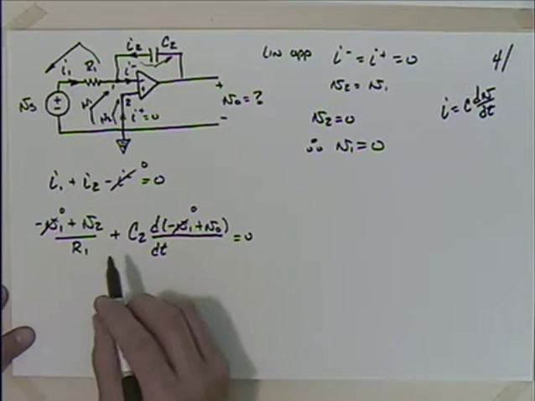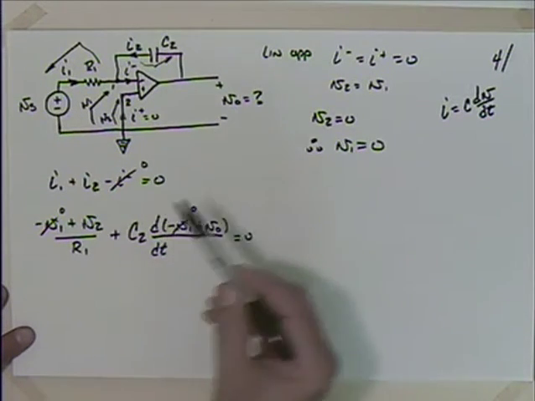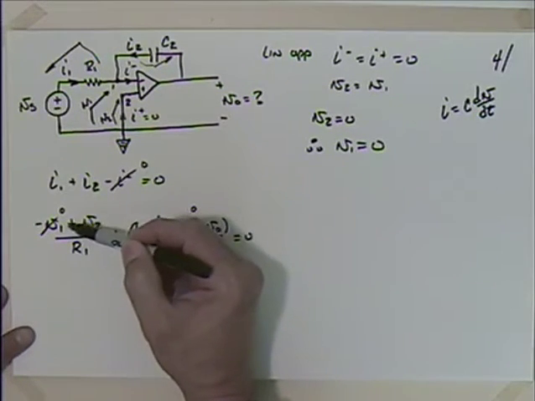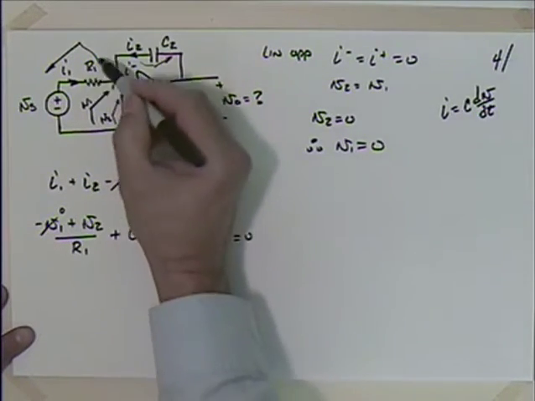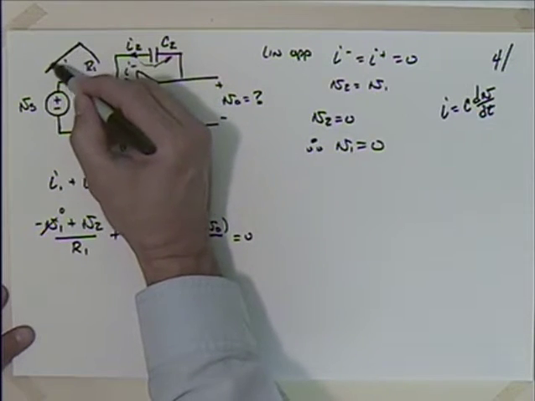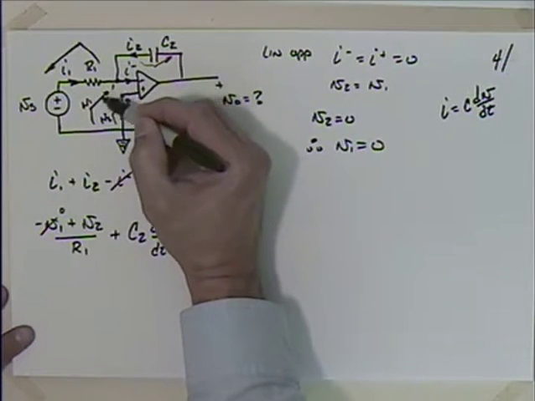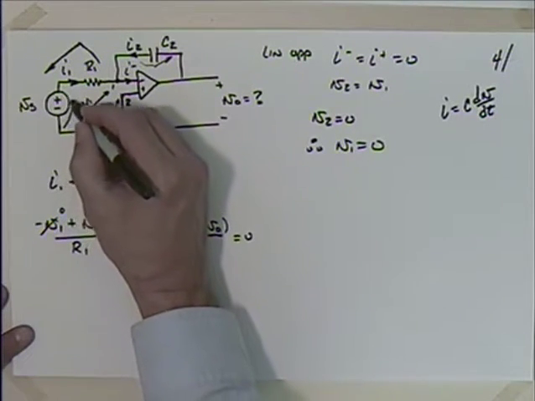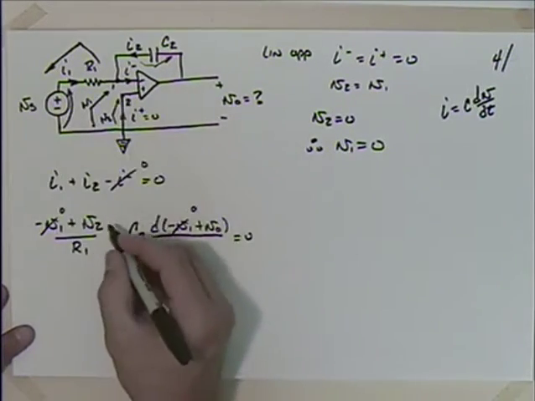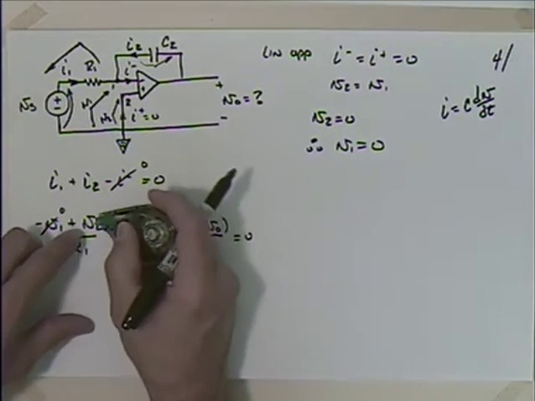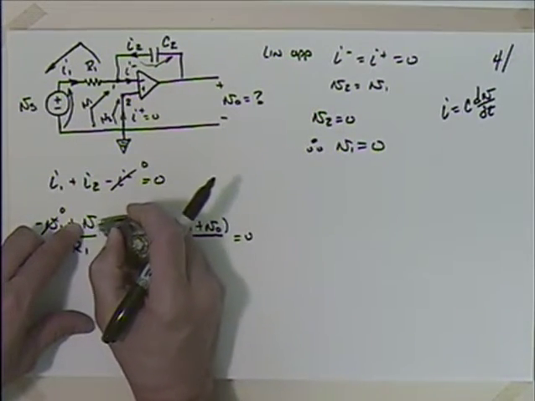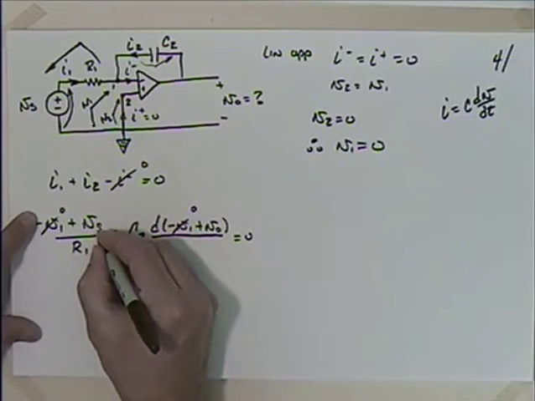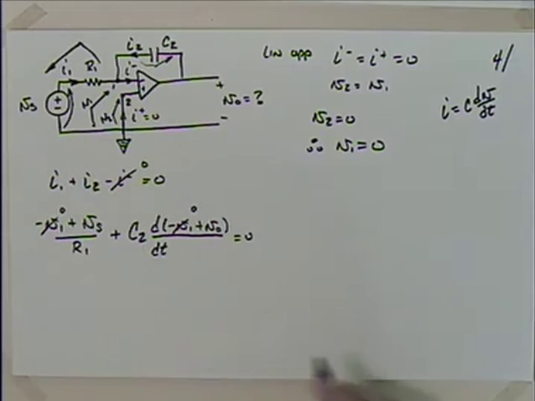Let's see, I think I've got a mistake here. So when I did this, I1, I was going from there to there. So that means I went minus V1. I like that. And then I had to go back up over here, which is what? Vs, isn't it? So this should not be V2, but rather Vs. Now are we okay?